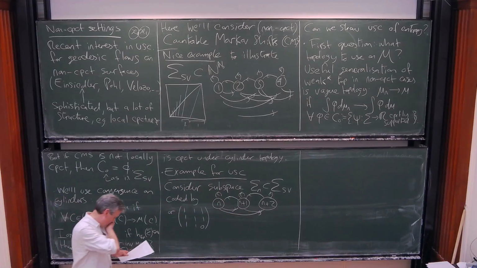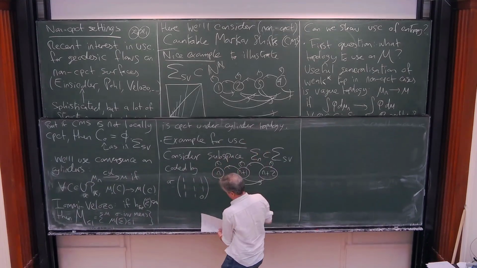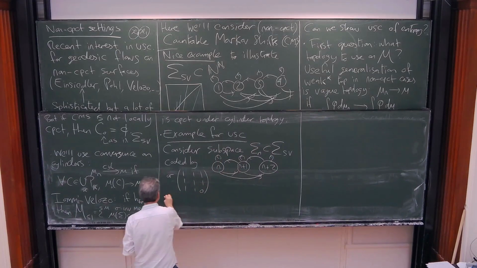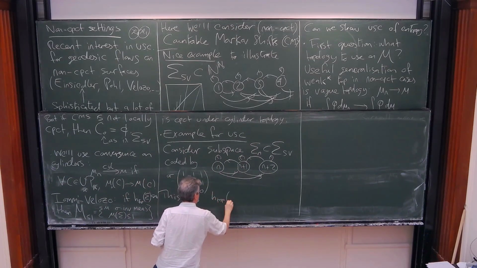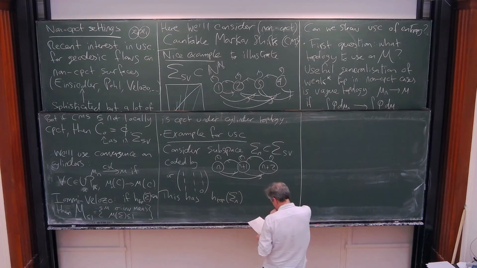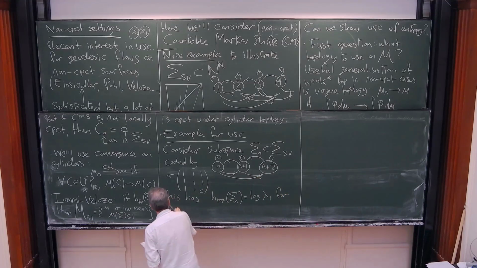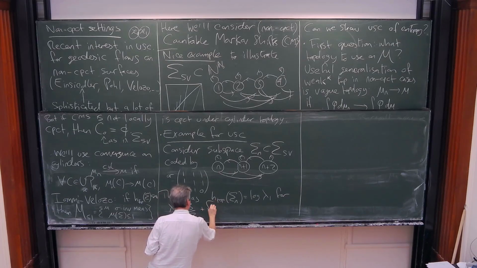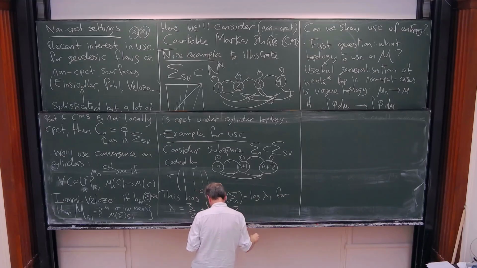Here topological entropy is classical. The topological entropy of sigma n is the log of the leading eigenvalue of this transition matrix, log lambda 1, where lambda 1 is equal to 3 over 2 plus square root of 5 over 2, which is approximately 2.6.